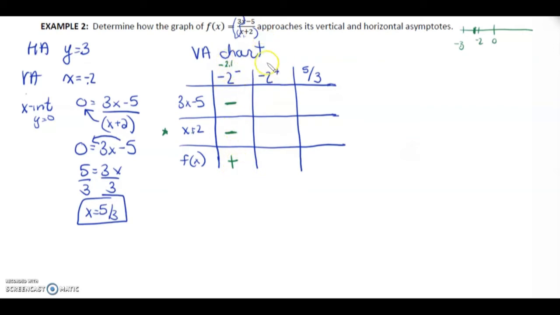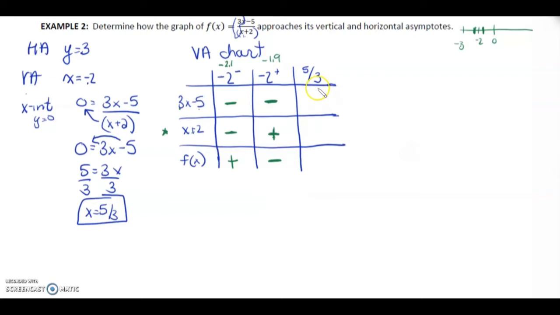Now on the right-hand side, what's a number to the right of negative 2? Maybe negative 1.9, for example. Okay, a negative number times 3 is going to be a negative number, minus 5 is a negative number. Negative 1.9 plus 2 is going to be a positive number. So this graph is going to approach negative 2 from the right side, going to negative infinity.